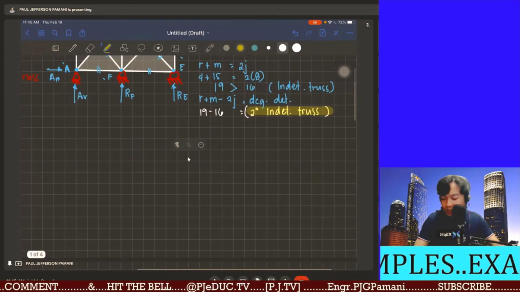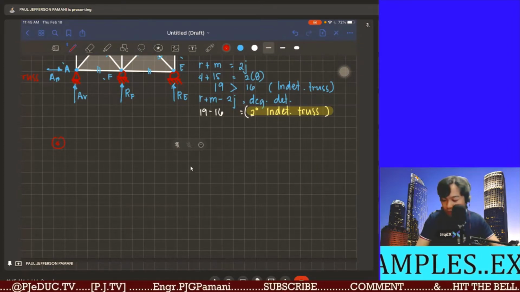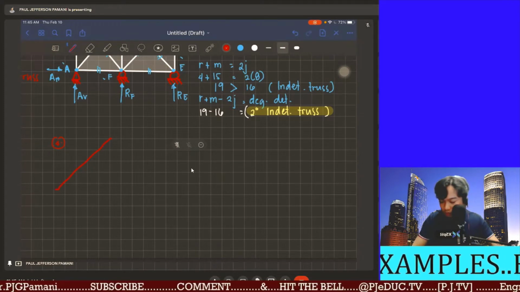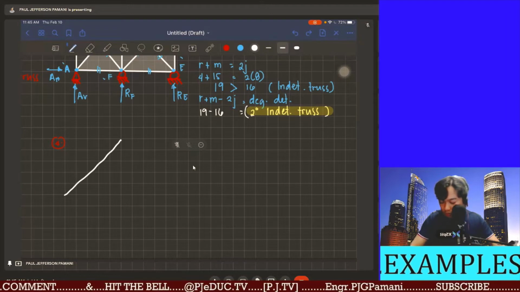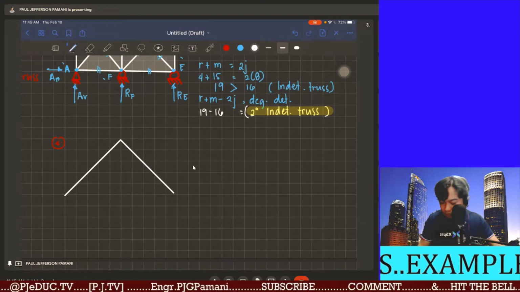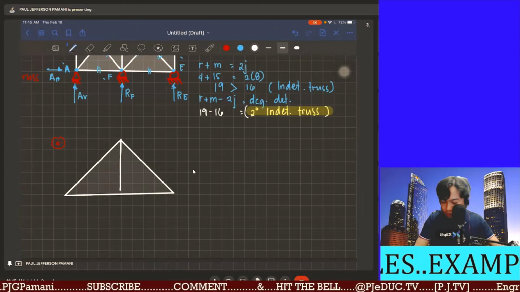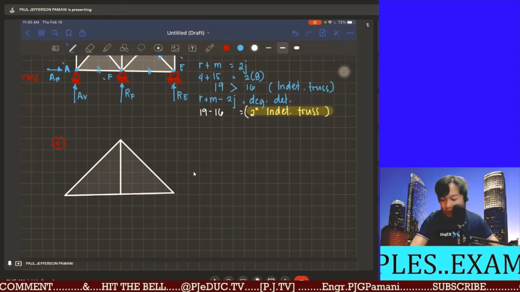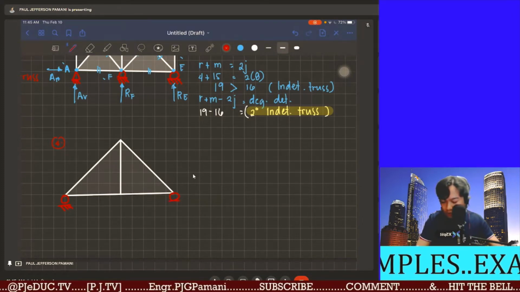And as our last example, number 4, random ulit. Such that it has now a roller support at both ends.